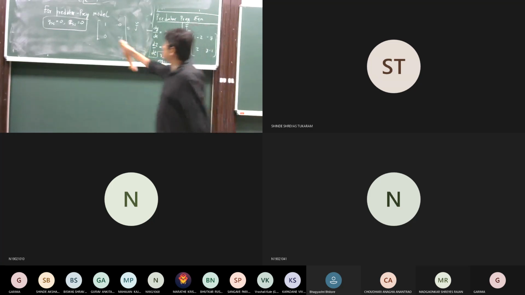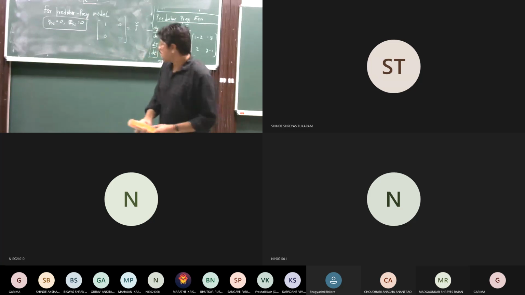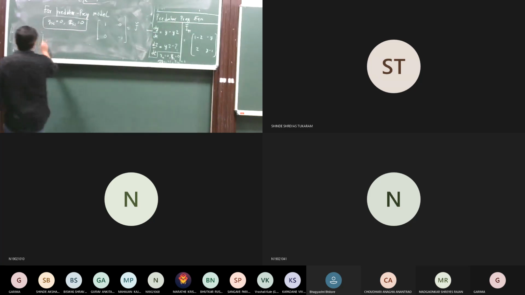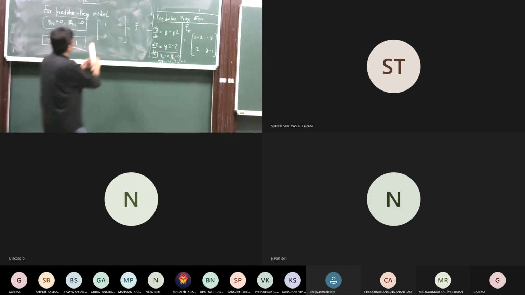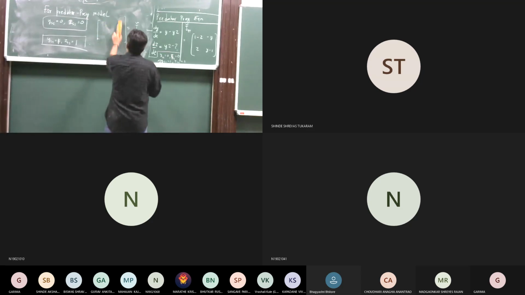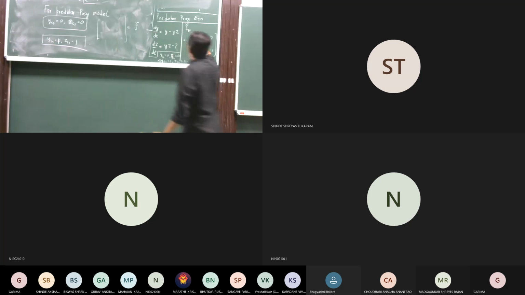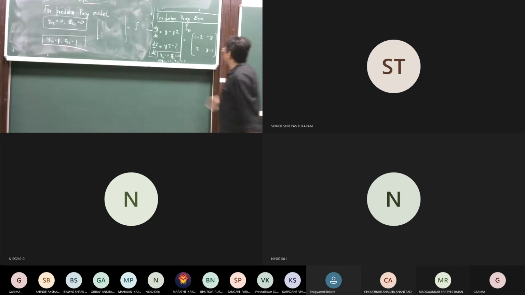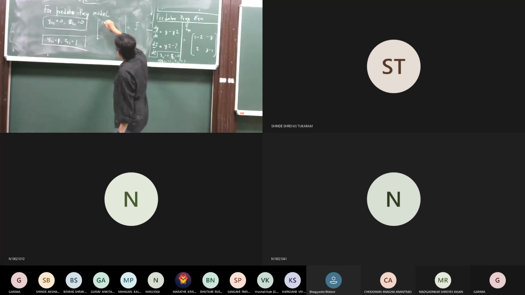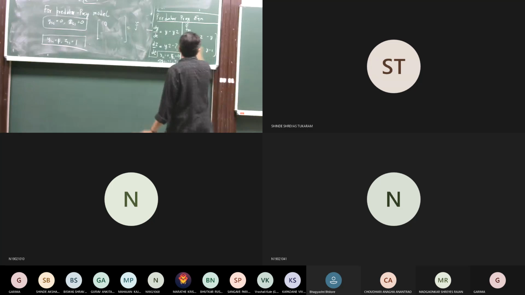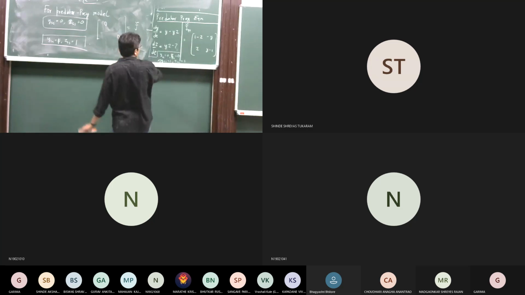So this 0, 0 fixed point is unstable. What about the other fixed point? The other fixed point which we had was this one. If I look at it again, this matrix has 0 here and 0 here.